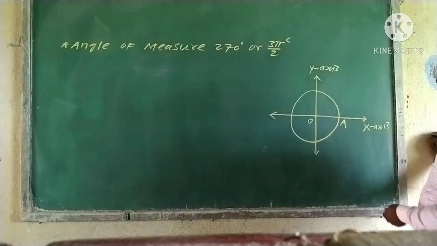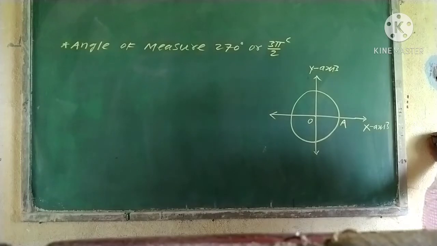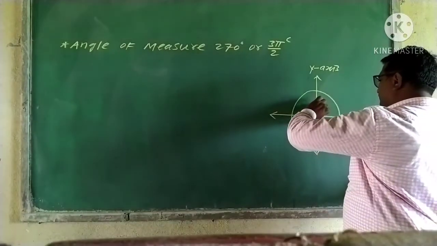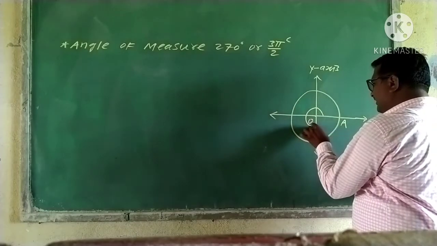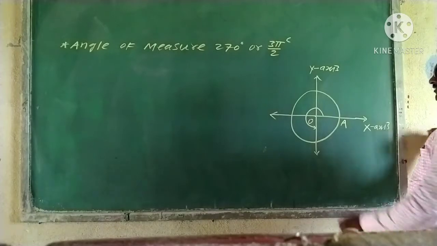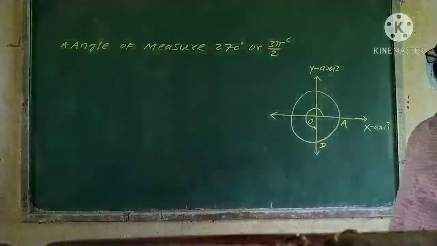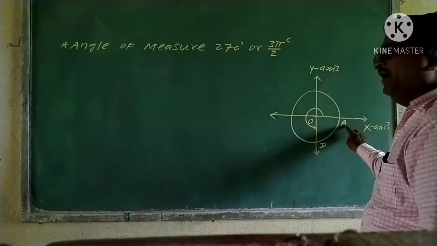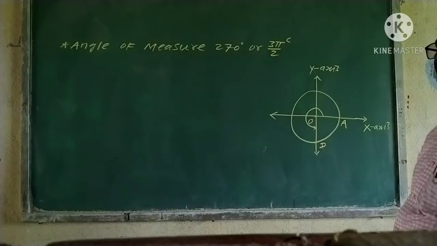Now here we have to measure the angle of 270 degree. This angle is of 270 degree. Consider that this point is the point D. OA is the initial ray, OD is the terminal ray.